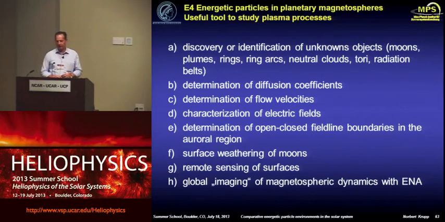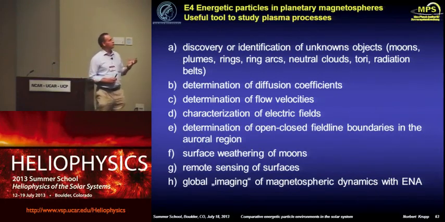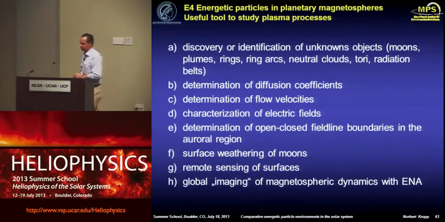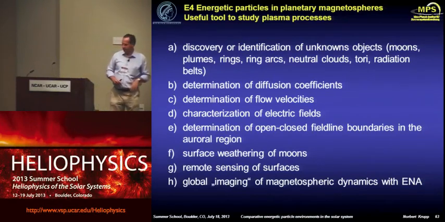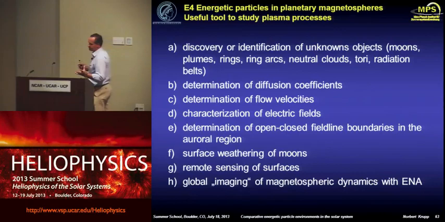And this brings me already to the last section of this energetic particle lecture. What it can be used for to find out unknown things before. And I've listed only a couple of them. I'm sure there are more, but one of the most important things is that with looking at the particle distributions, dropout signatures, or changes in the orientation of the plasma, you can find out and can identify new unknown objects.